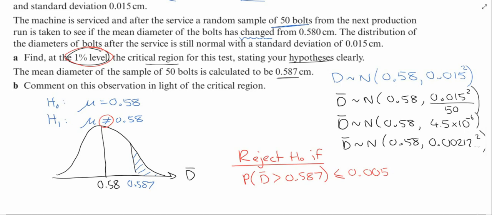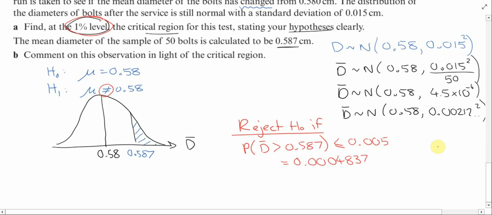So let's go into the normal CD. Our lower is 0.587. Our upper is something ridiculous. So the mean is 0.58. I'm going to use my answer button for my standard deviation. Hit execute, and my answer is 0.0004837.